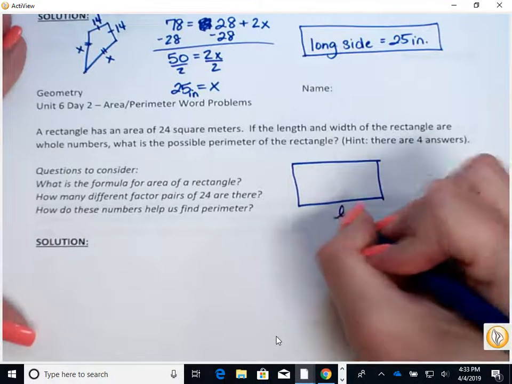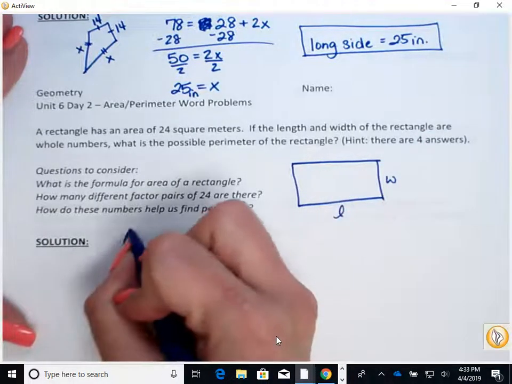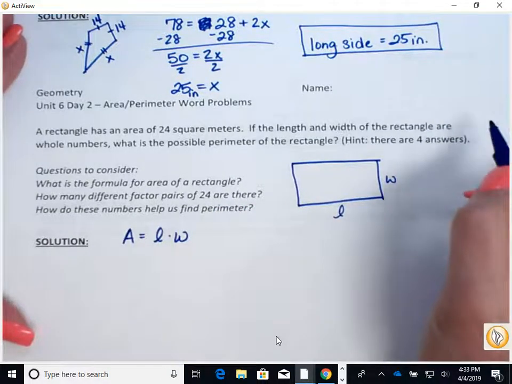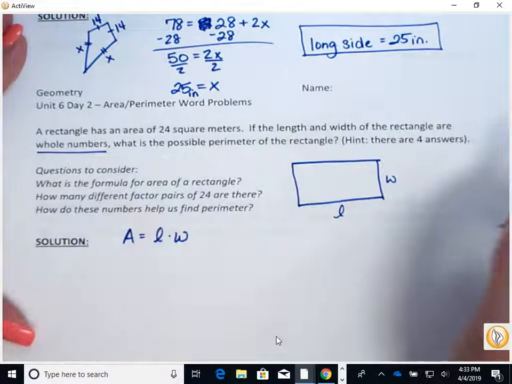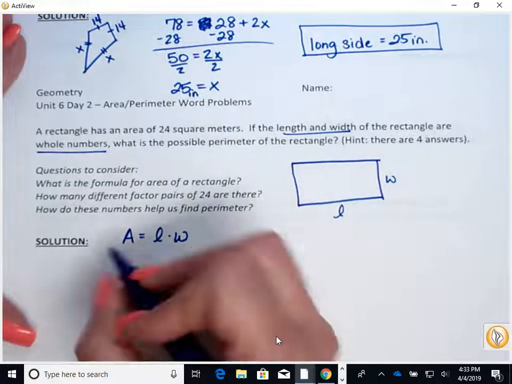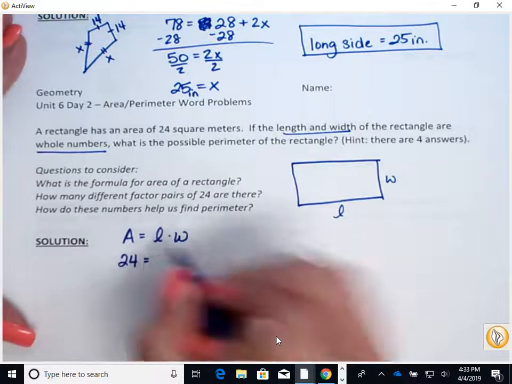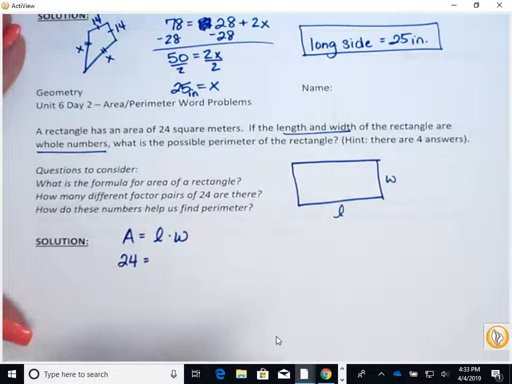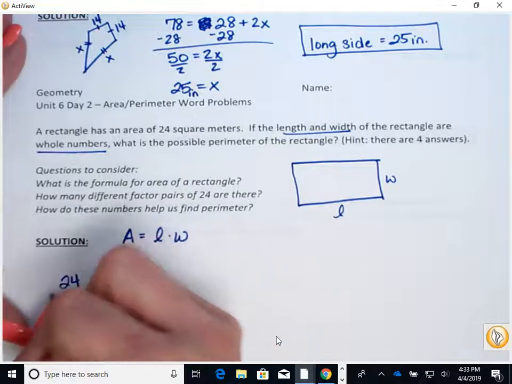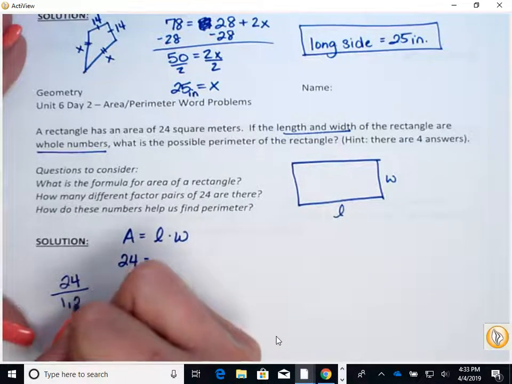Well, we know area for a rectangle is length times width. We know that they want us to just get whole numbers for our length and width. Okay? So since the area is 24, we got to think of what whole numbers will multiply to give me 24. So think of your multiples of 24. We got 1 times 24.